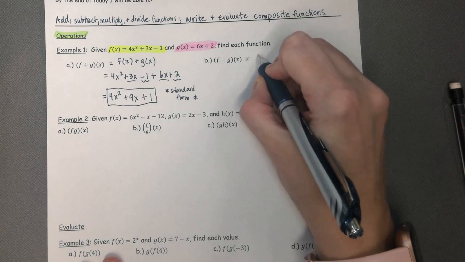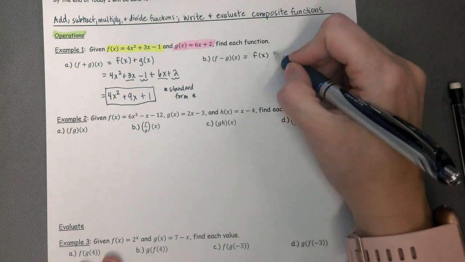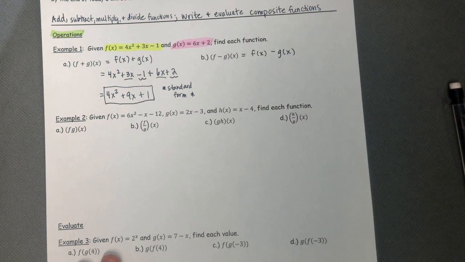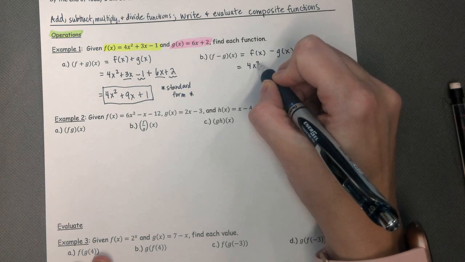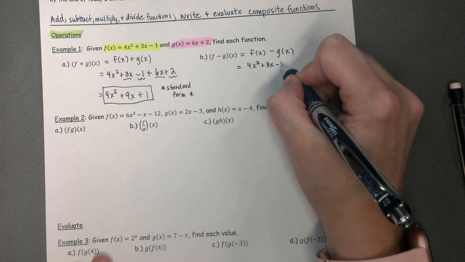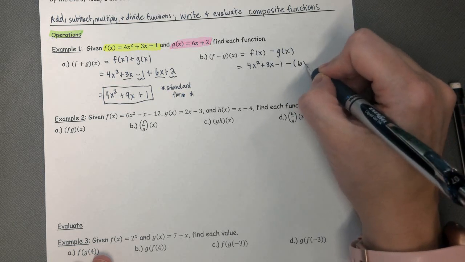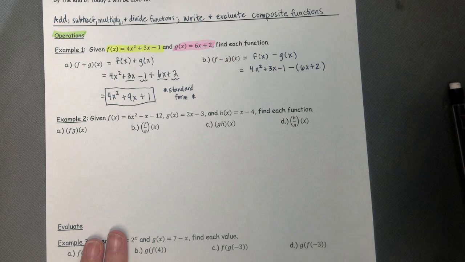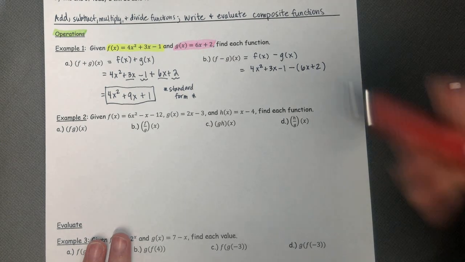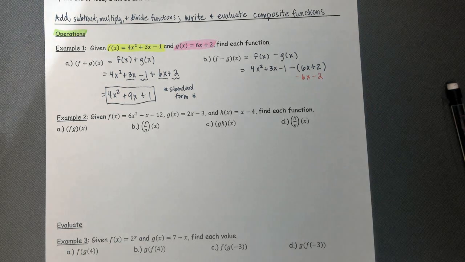So based on that, for B, we could probably already guess that this just means f of x minus g of x. Now, when you substitute in a value behind a negative, you want to make sure you put it in parentheses, and that's so that you do what? Yep, so we're going to distribute the negative. So this becomes negative 6x and negative 2.